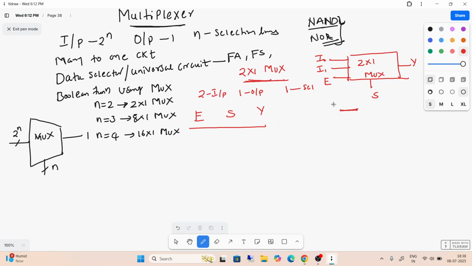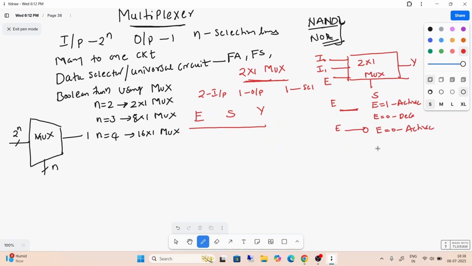Active high enable means when E equal to 1, it will be active, and when E equal to 0, it will be inactive. The other is active low enable, which means when E equal to 0, it will be active.